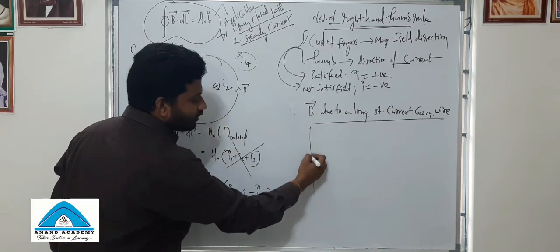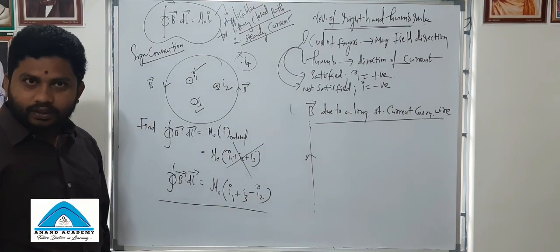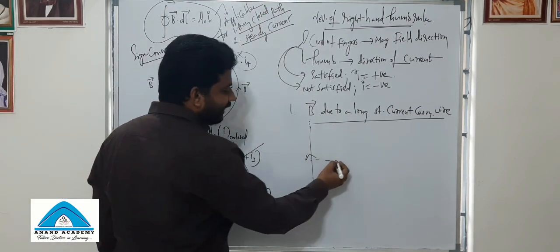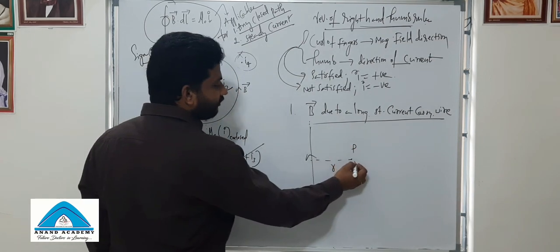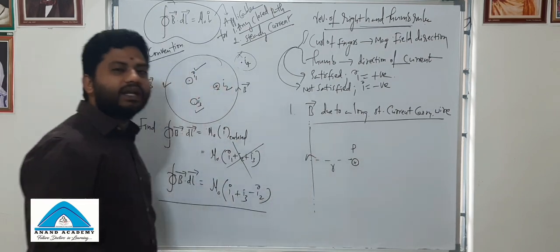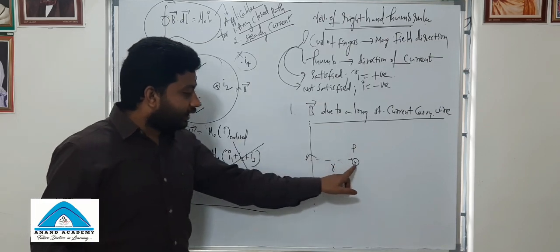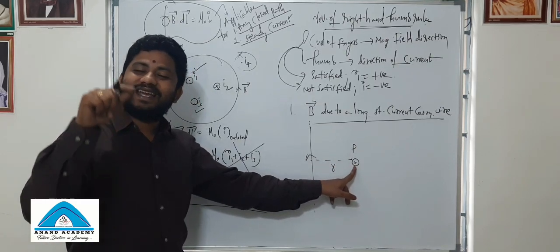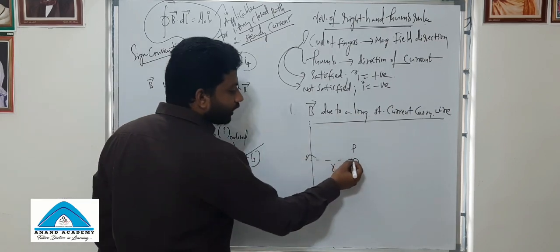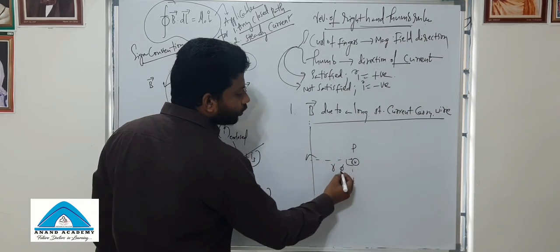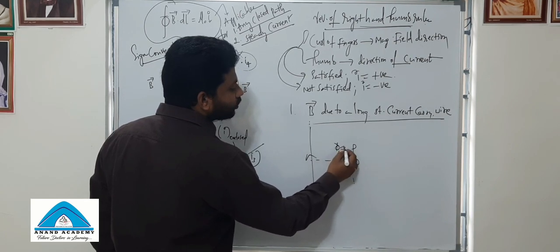This is a long straight current carrying wire. Long means infinite. At a distance r at point P, the magnetic field at this point is into the plane. Again and again I will not show you why we wrote the direction of the magnetic field at this point as into the plane. Now at this point phi 2 is 90 degrees, and at the same time phi 1 is also 90 degrees.